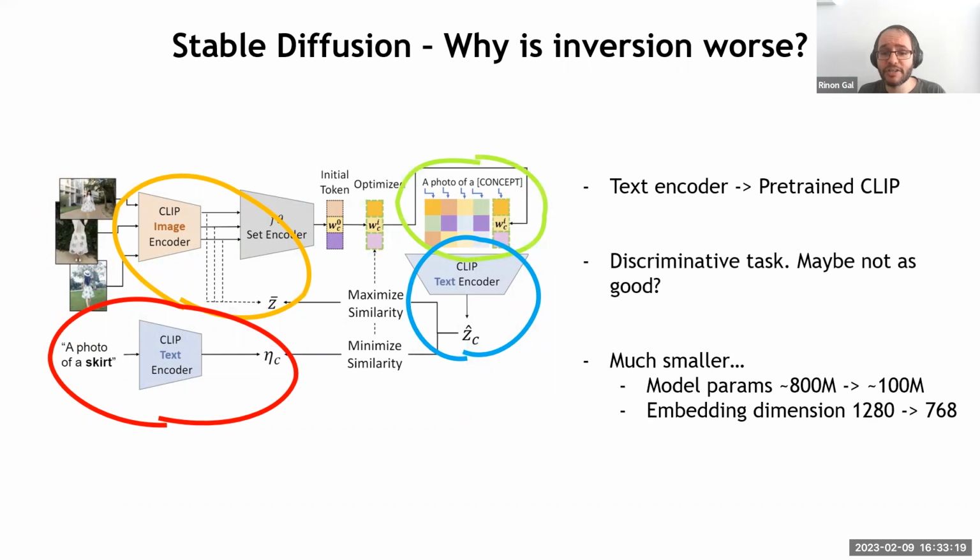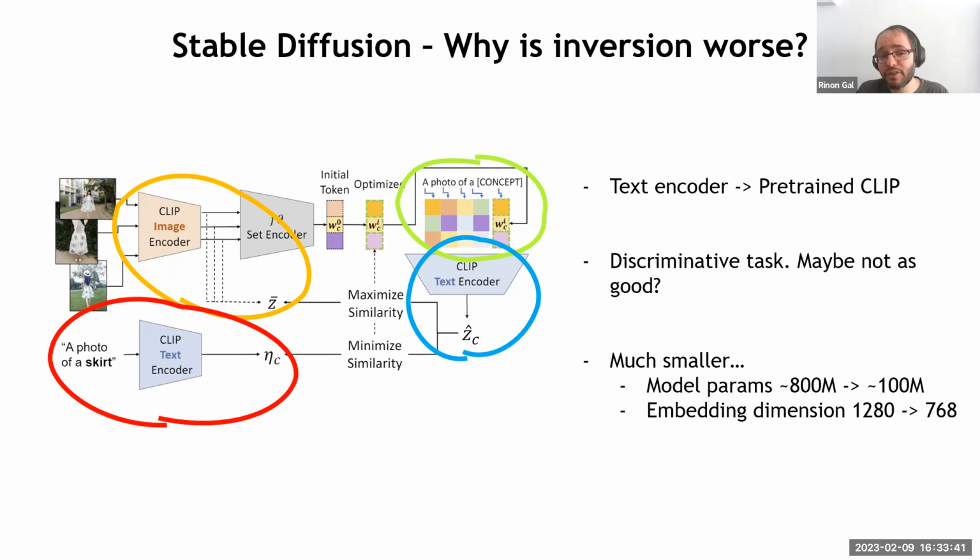LDM's text encoder is almost an order of magnitude bigger than Stable Diffusion's. It has a much larger embedding space, so it's probably just easier, right? It has more room to capture fine details in a place that is still close to the distribution of real words, a place which is still editable.